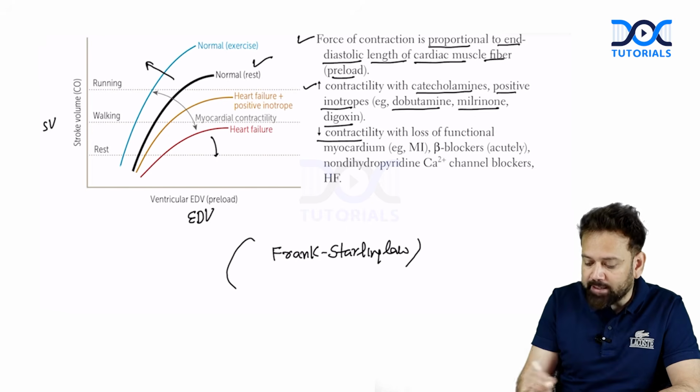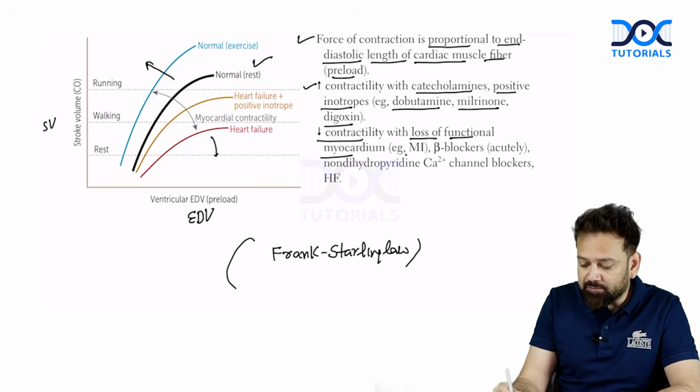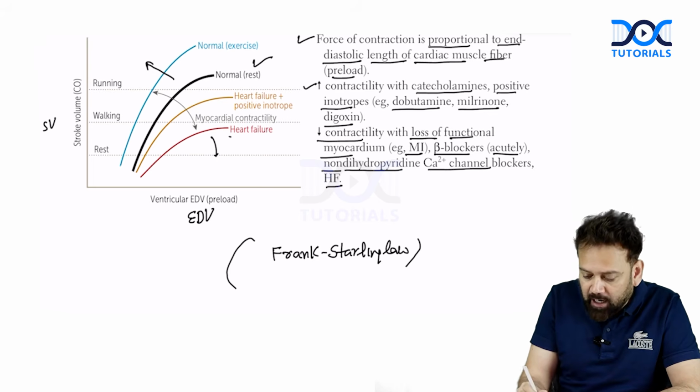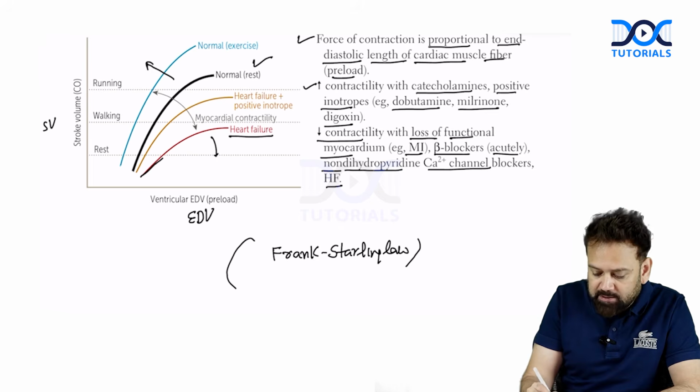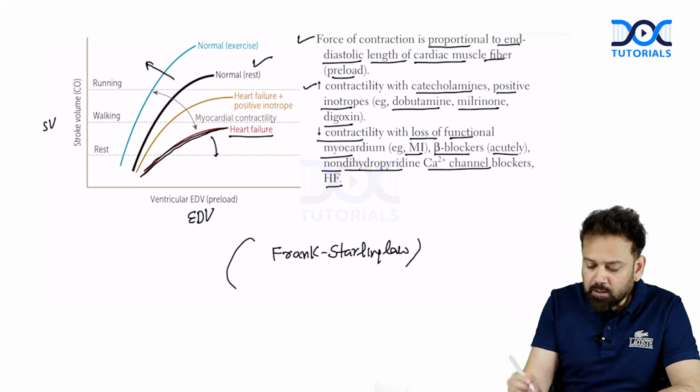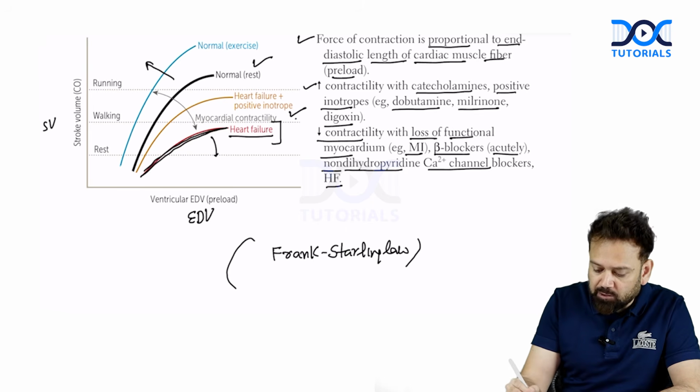Decreased contractility with the loss of function of myocardium, like myocardial infarction, beta blockers, acutely if you are giving, or non-dihydropyridine calcium blocker, heart failure. You can see in the heart failure, it's very, very less, extreme left. But in the heart failure, when you have given positive inotropes, it's shifted on this side.